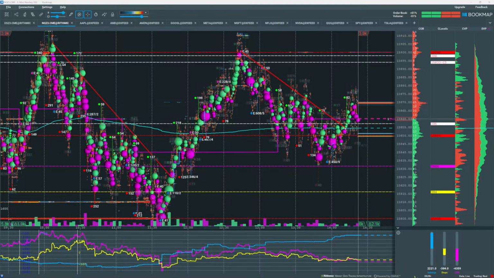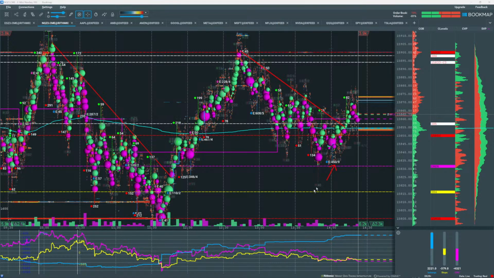So NASDAQ, we know that traders are taking positive delta positions. Looks like some larger traders are coming in with buy iceberg orders. That's shown by this rising light blue line. Large traders buying. We know that options traders are taking positive delta positions.